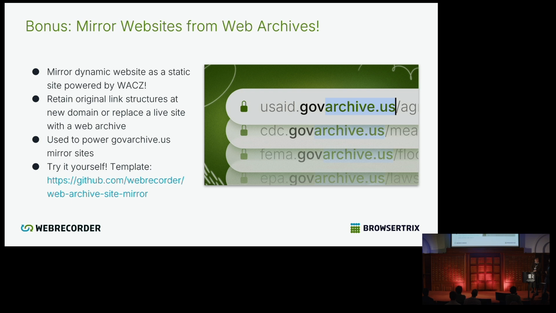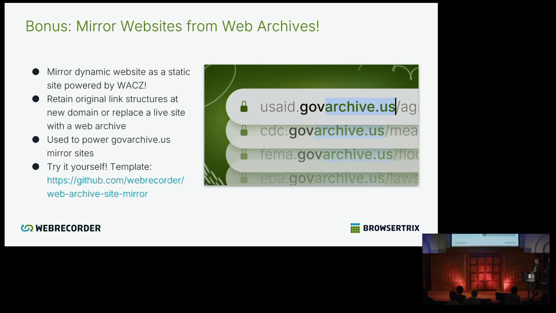We've set it up with wildcard DNS so that it can basically map to any .gov site. We have a blog post on the site that goes into detail how that works, and we have a template on GitHub that shows a simpler version of this.